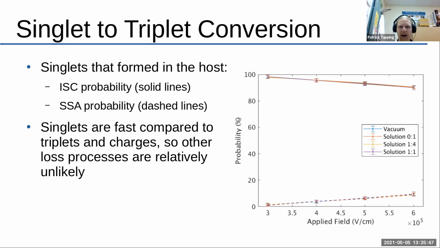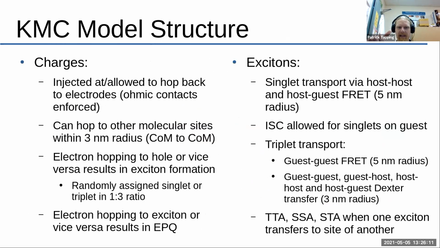So two questions: why would you include FRET for triplets, which should be entirely Dexter driven? And also your distances for Dexter transport, like 3 nanometers or something like that, seems like you could probably cut that down significantly. I would have thought at 3 nanometers, your rates would be essentially 0. You could probably not even bother calculating that sort of stuff.